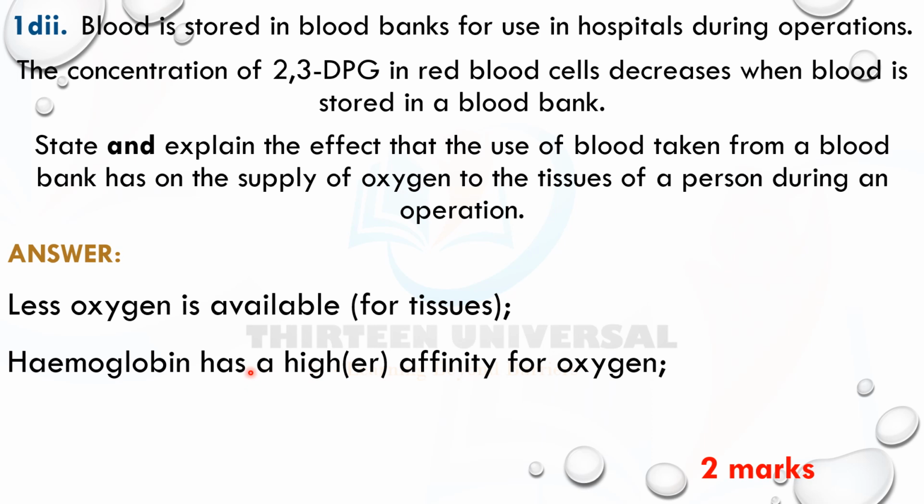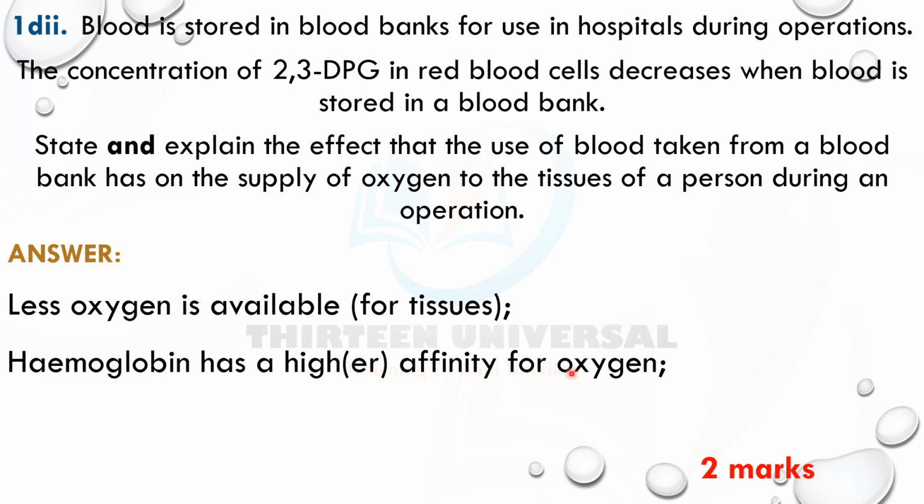Now, why does it have high affinity for oxygen? Remember, if the hemoglobin of this blood is still attached to the oxygen at low partial pressure of oxygen, that means hemoglobin has higher affinity for oxygen.